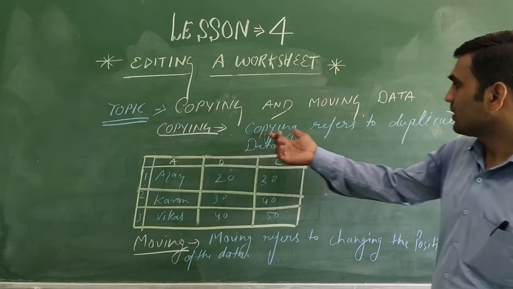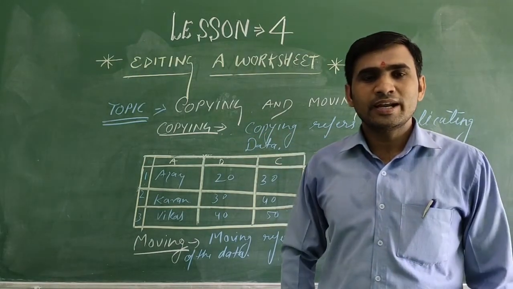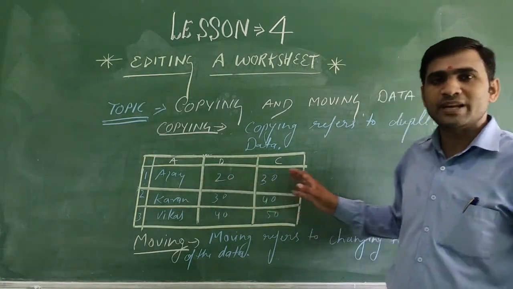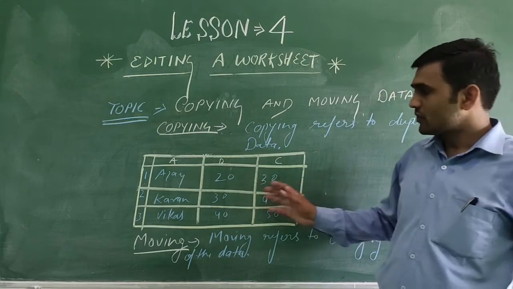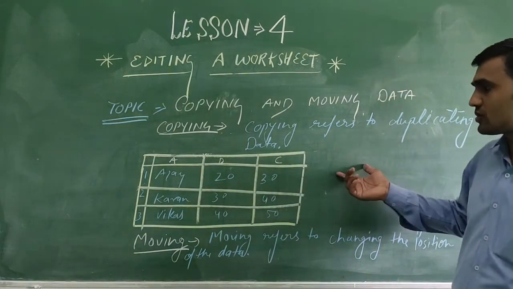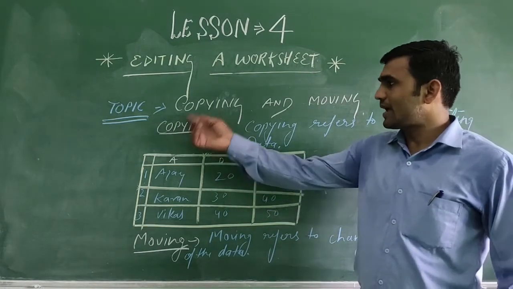Copying refers to duplicating data. Duplicating data means we want to paste the same data at different places. Suppose this is 20 and I want to store the same data at another location. In that case we apply the copy option.